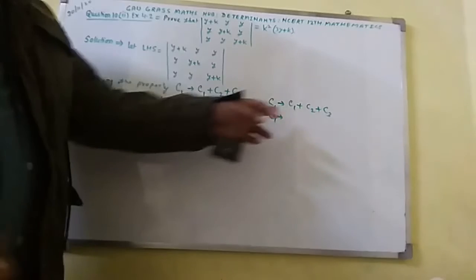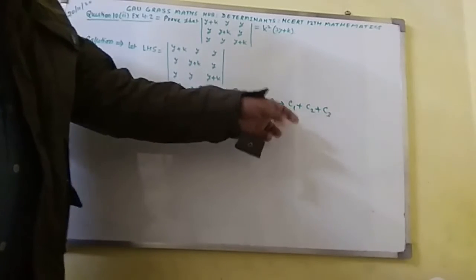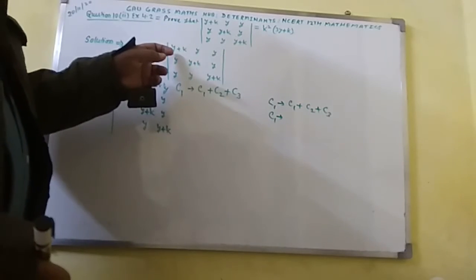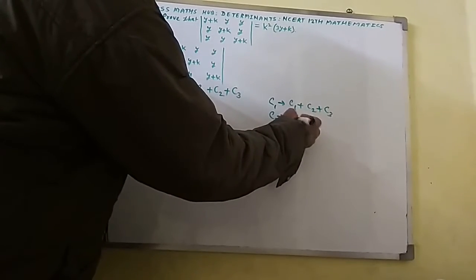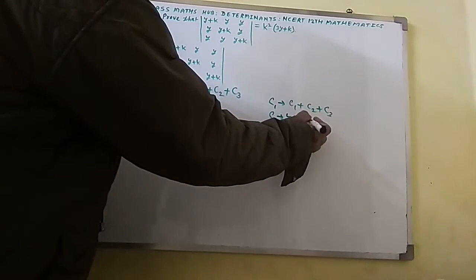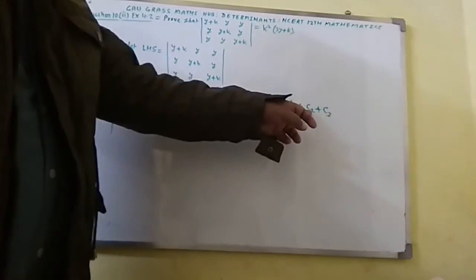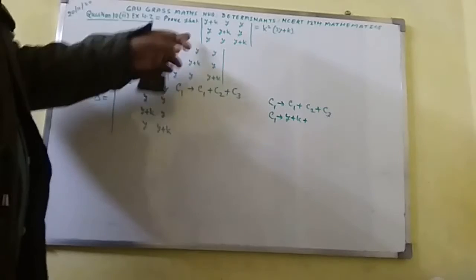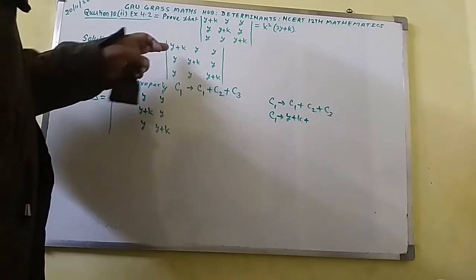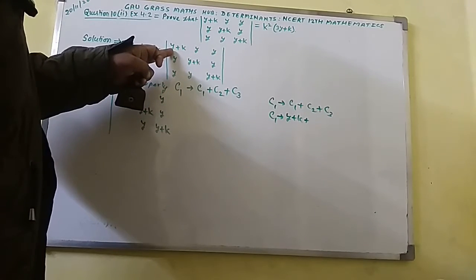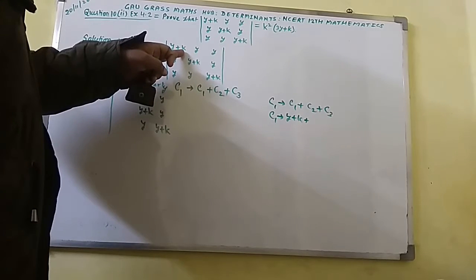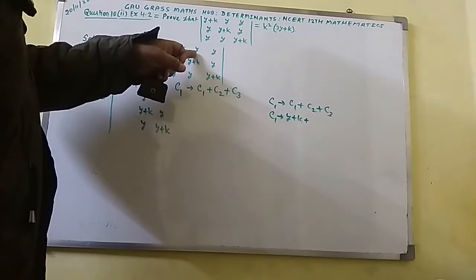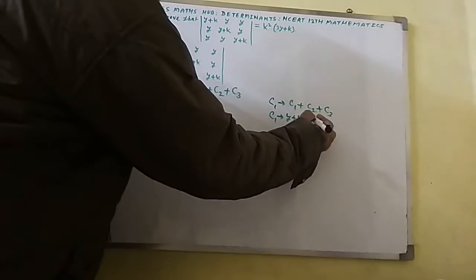If I take the element of C1 as y plus k, so here write y plus k. Plus, for C2, I shall refer second column. The corresponding element of y plus k in the second column will be y. So here write y.